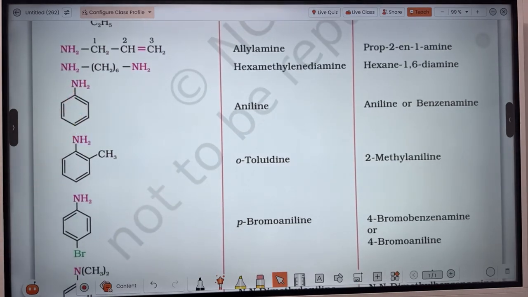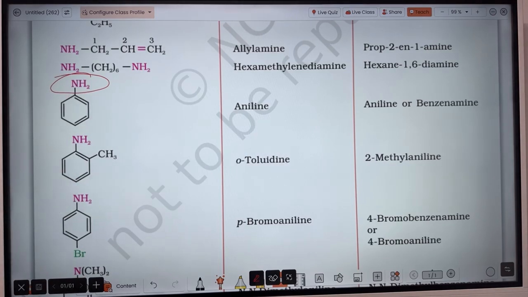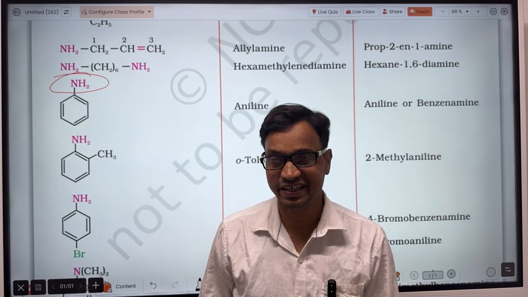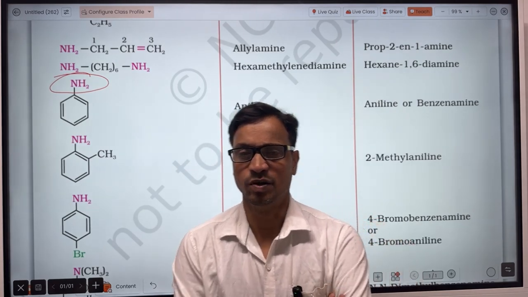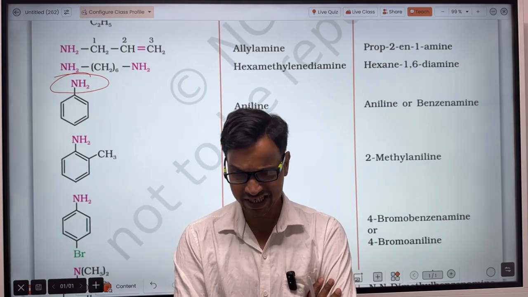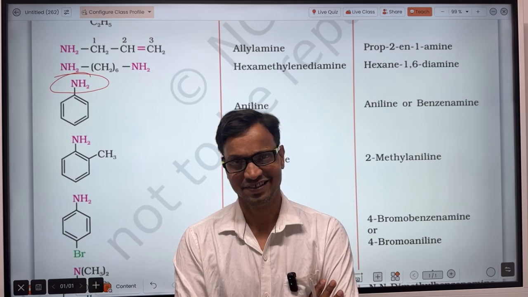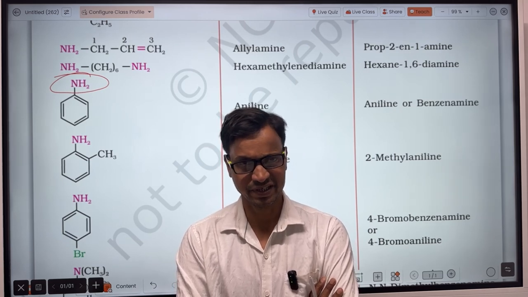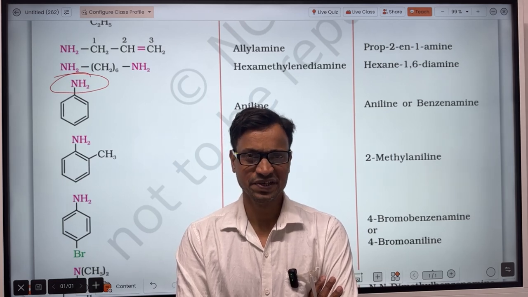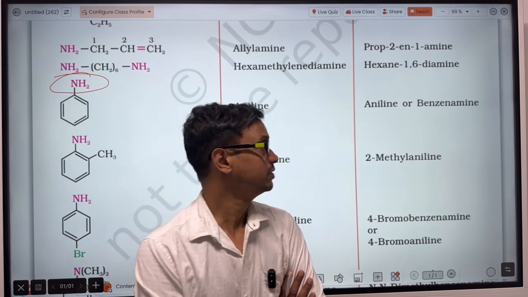Now let's see this compound. A number of times I have told you, when NH2 is bonded to benzene, the compound is called aniline. Aniline is the common name. Nowadays the name aniline has been adopted by the IUPAC system of nomenclature. So in the IUPAC system the name will be aniline, and in the common system the name will be aniline.